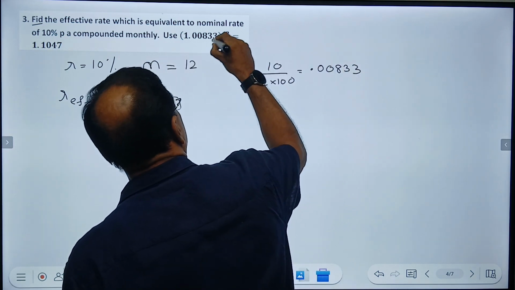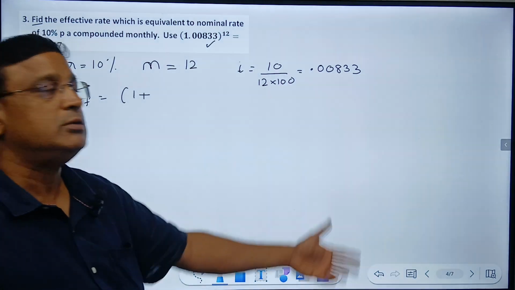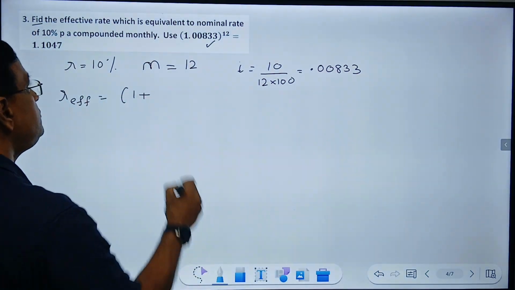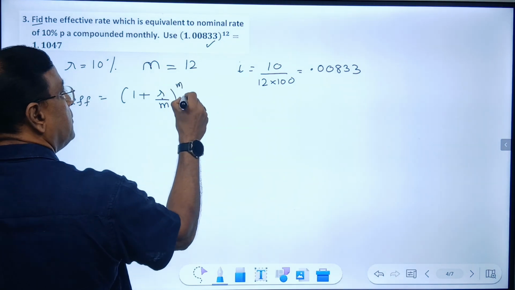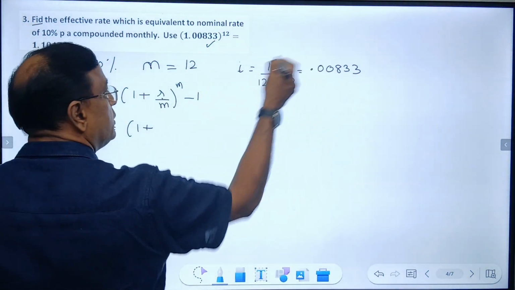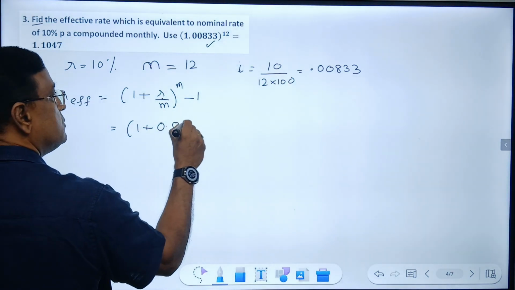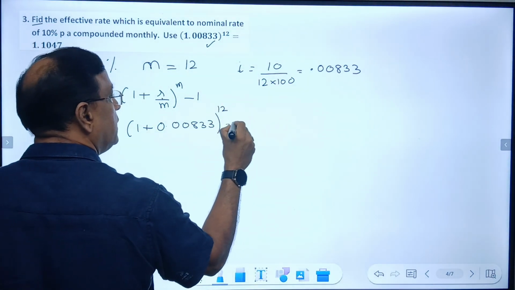You can always refer to this value, it will be the same. It's another way of avoiding your calculation, not wasting your time. So this is 1 plus, what is R by M? I already got it, 0.00833, whole power 12 minus 1.